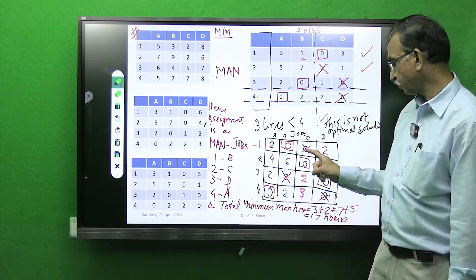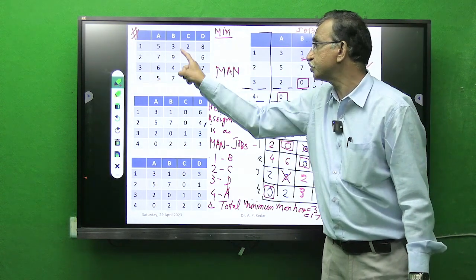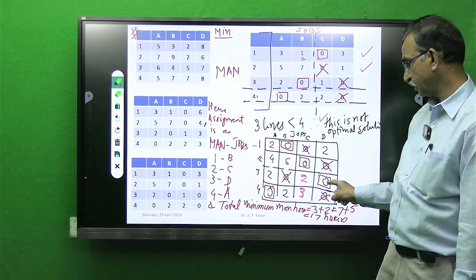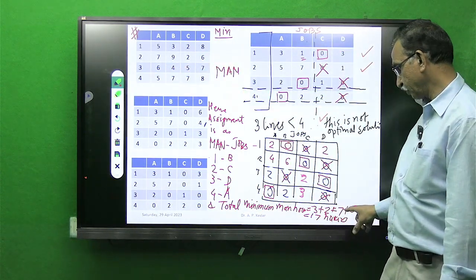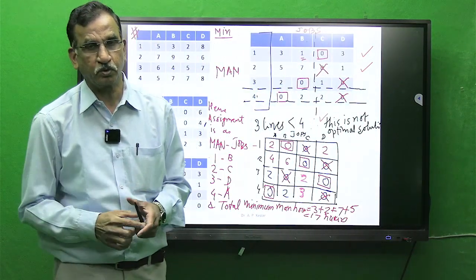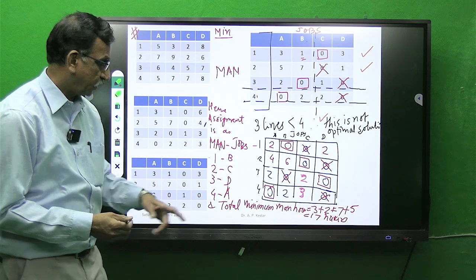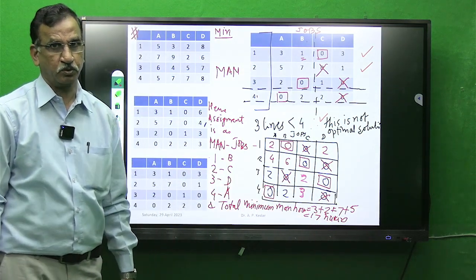This 2 comes from cell 2C, value is 2. This 7 comes from cell 3D, and 5 comes from the first cell. Addition of all those will yield your final answer. This is how a complete assignment problem is solved.